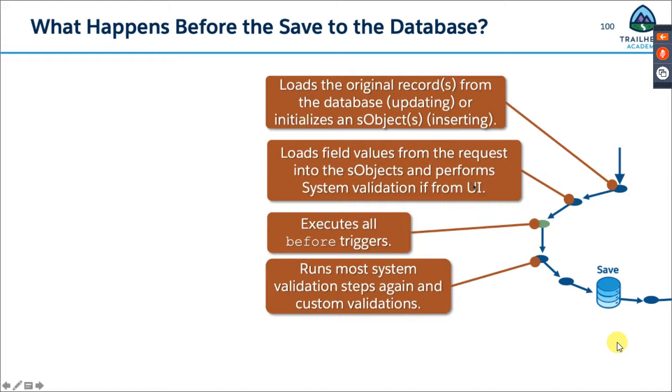That's the validation that runs there. After the before trigger, you run system validations again, most of them, because we're not doing the ones on the page layout. We're just using the ones where the field is actually required.